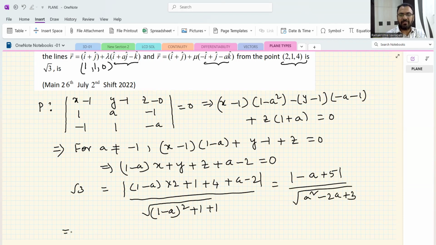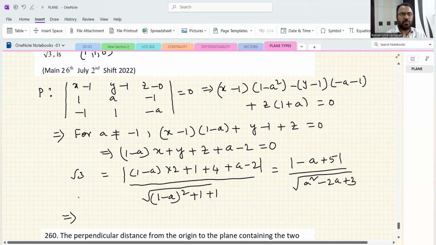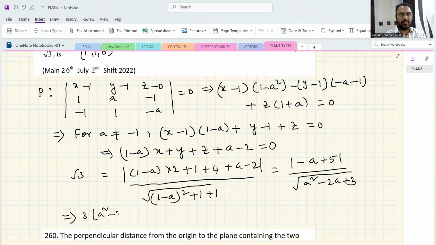Now just squaring both sides and cross multiplying, you will get 3 into a square minus 2a plus 3. On the other side, you will get a square minus 10a plus 25. You just need to simplify it.